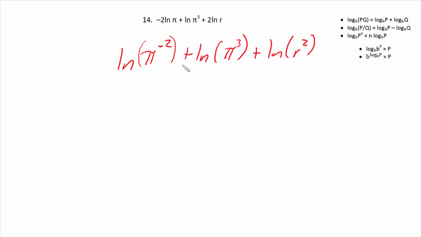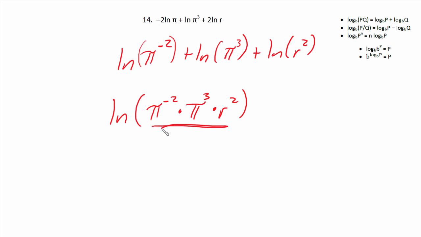So now I have all additions going on here, so I can combine all of them, and I can actually do it in one step. They're addition, so I can condense them through multiplication. So it'll become ln of all of this, pi to the negative 2 power times pi cubed times r squared.